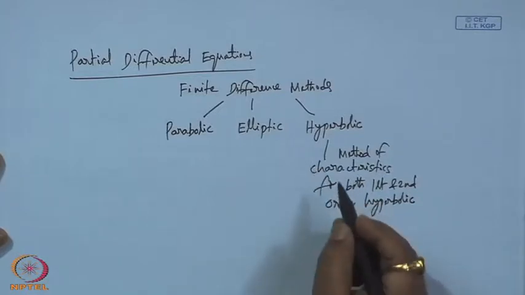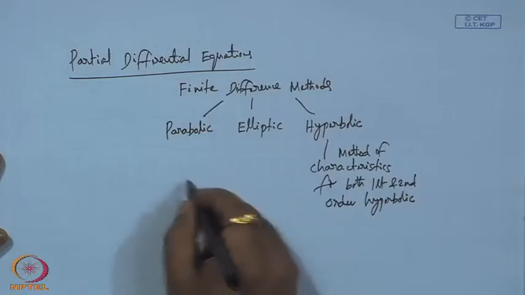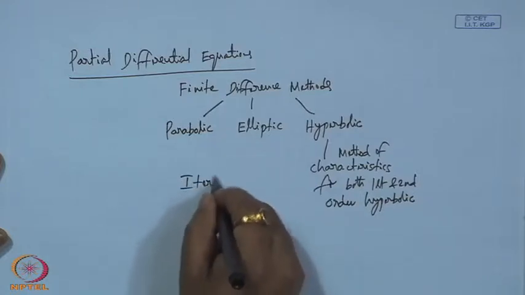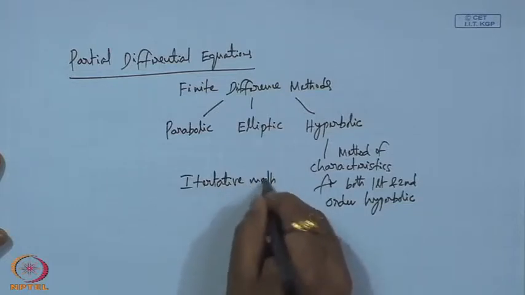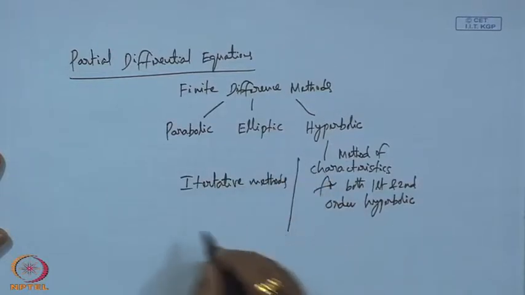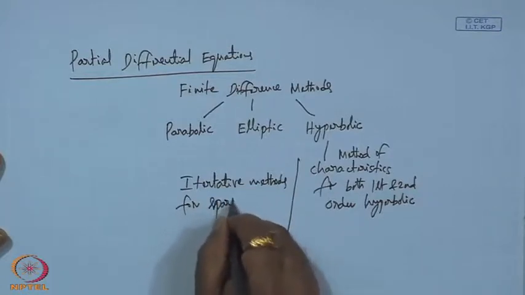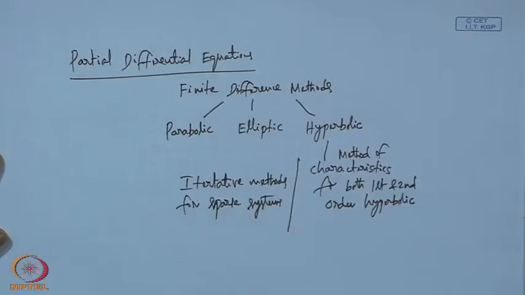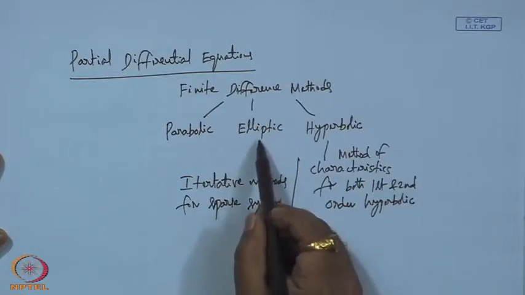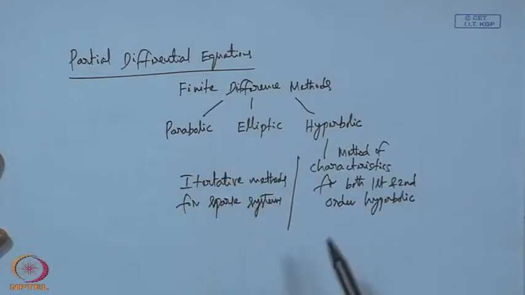Then we had to focus somewhere on iterative methods for sparse systems. So, this is typically when we deal with elliptic equations. Okay.